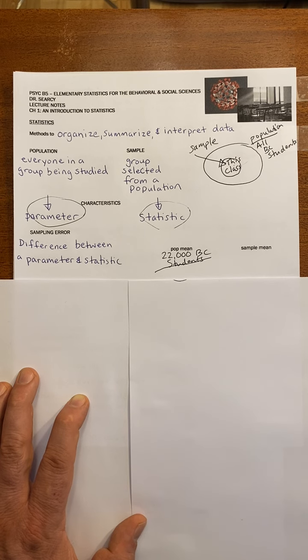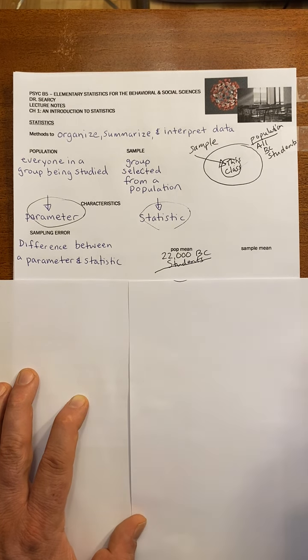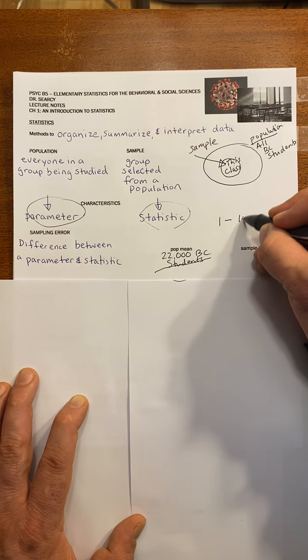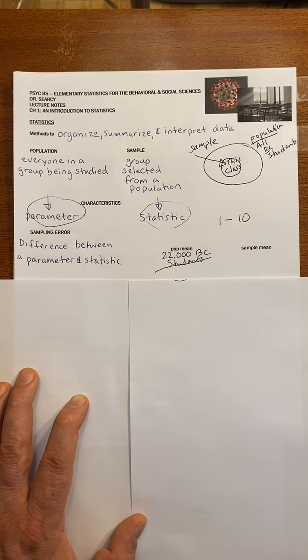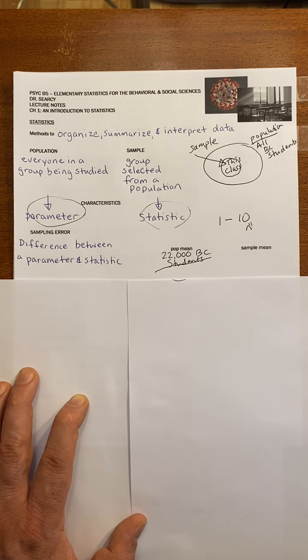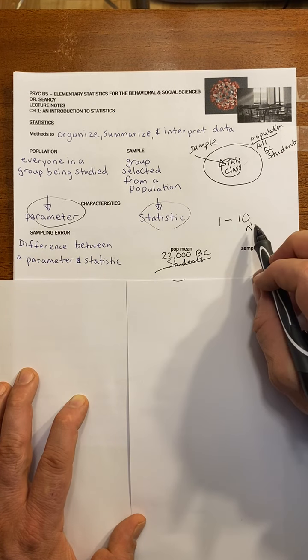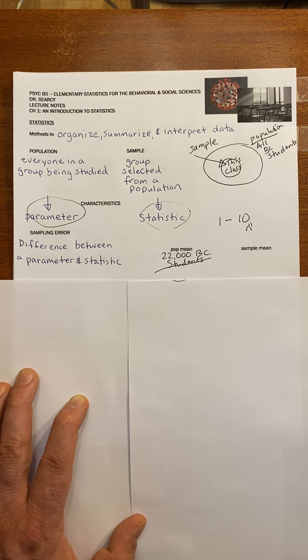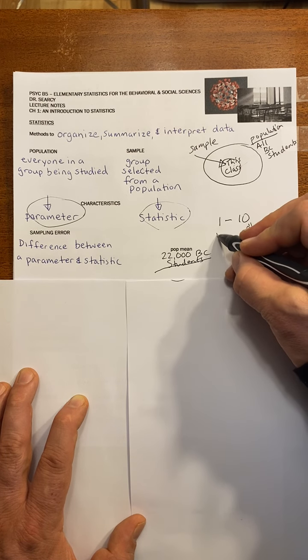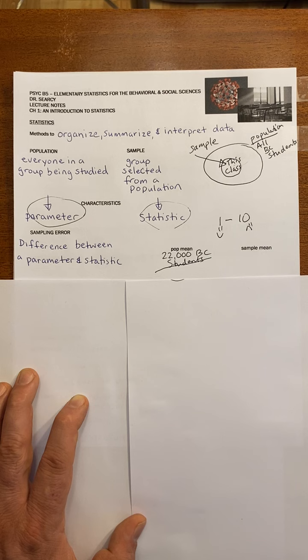Maybe the researcher said to all the students, tell me how depressed you are on a scale of 1 to 10, where a number closer to 10 says that you are very depressed. That's supposed to be an unhappy face. And if you give me a number closer to a 1, then that's saying that you're not that depressed, maybe even you're kind of happy.